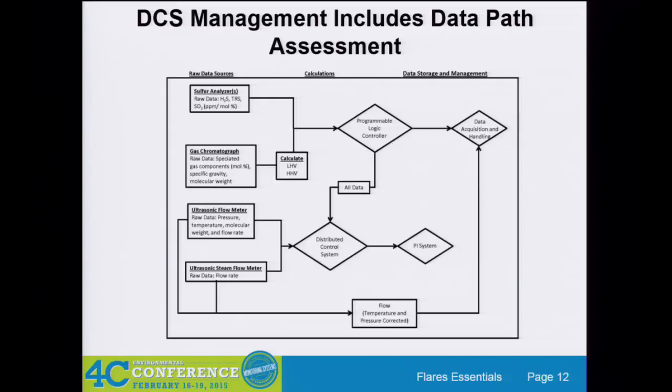And what molecular weight or net heating values are they using? Well, we don't know, we're going to have to go back and figure that out. So it's working through all those data points so that you have comfort saying, yes, we are in compliance. If we're under an enforcement action, somebody's going to be looking to you to say, are we in compliance? And it's good to have that comfort level with your data.